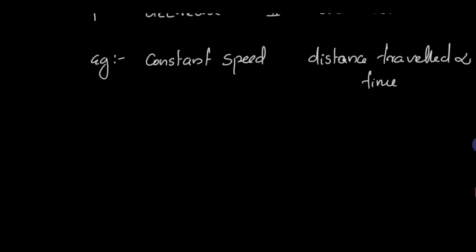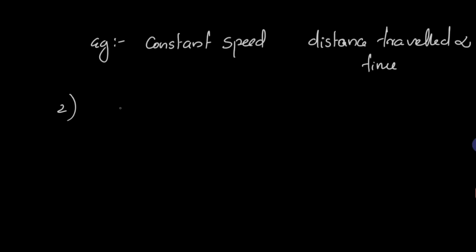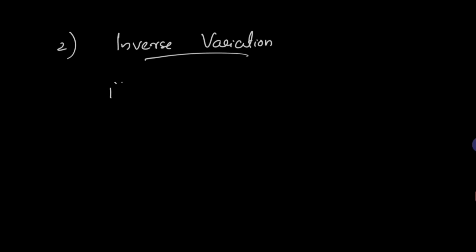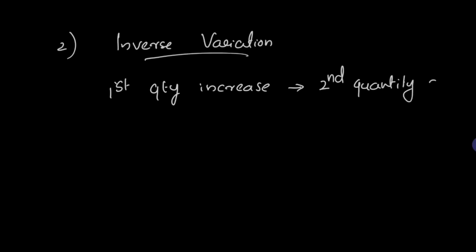The next is inverse variation. In inverse variation, if the first quantity increases, the related second quantity decreases, or vice versa, if it decreases, the second will increase.